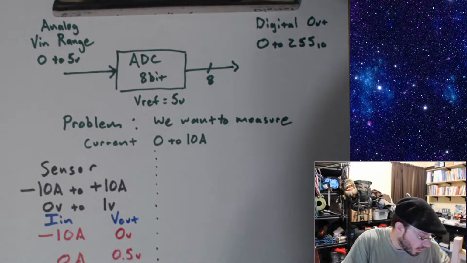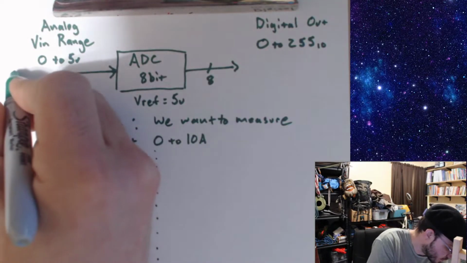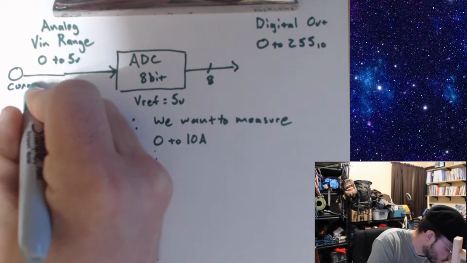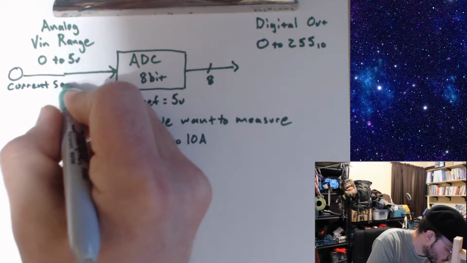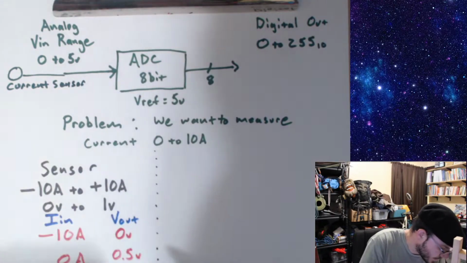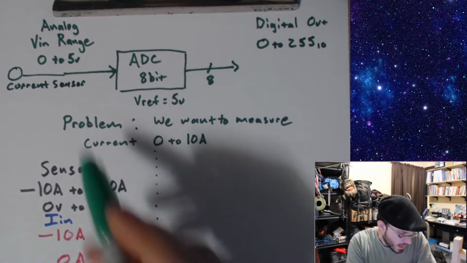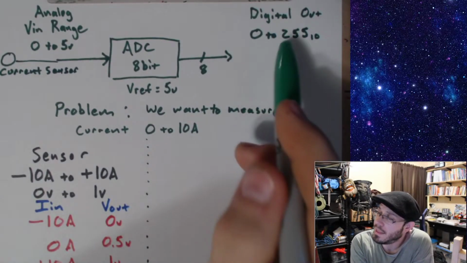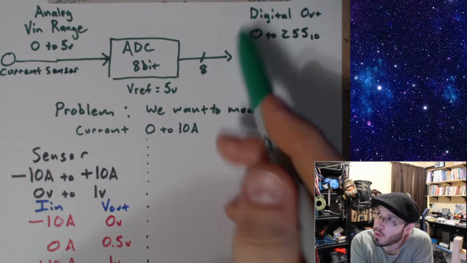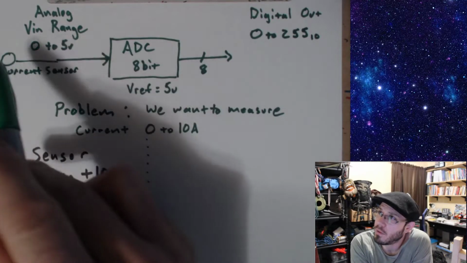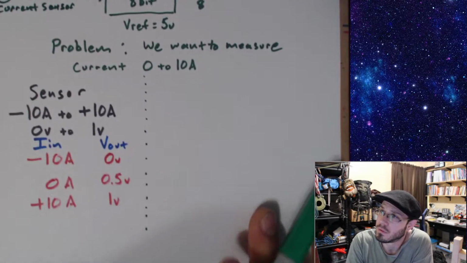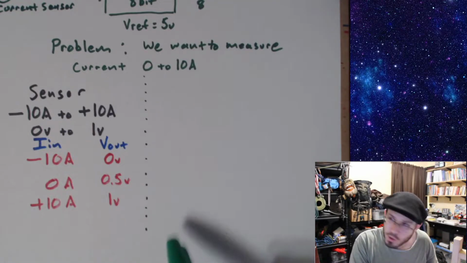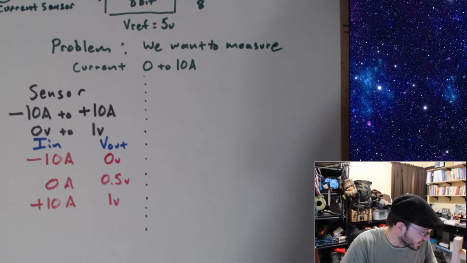So let's go ahead and see what happens if we connect our sensor directly to this analog digital converter. If we just connect it directly, and then we map out what our discrete values are from this system, let's set that up as a table that we can do a mapping here on the right side.